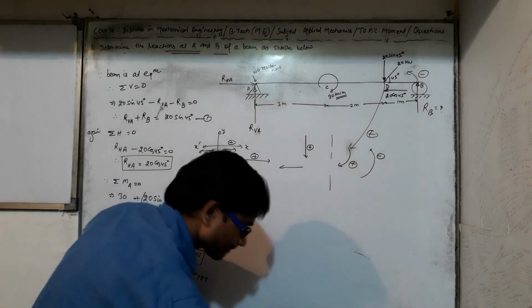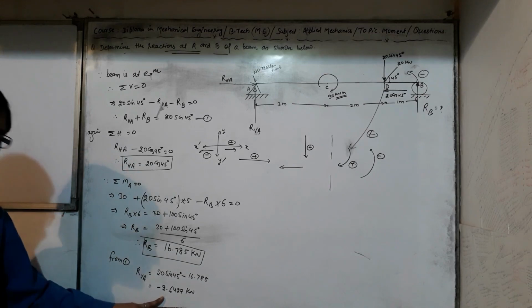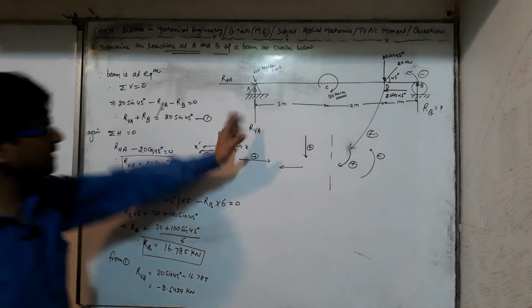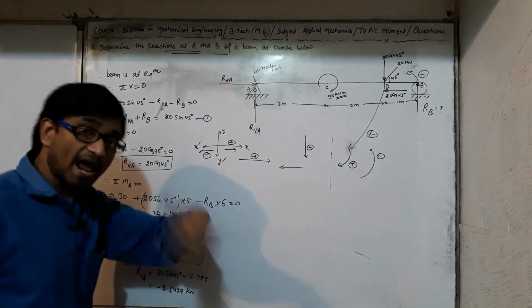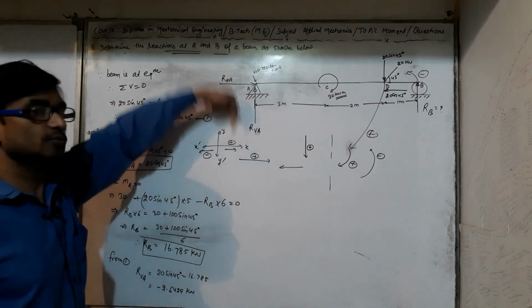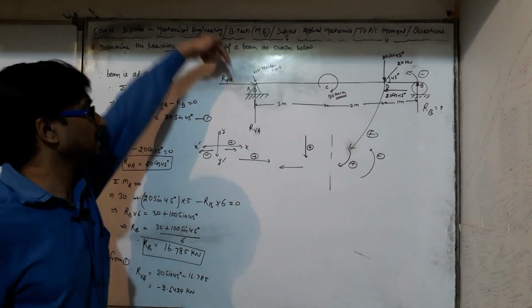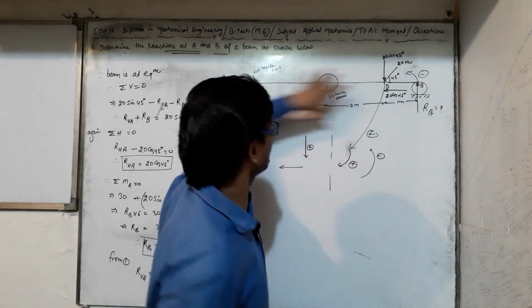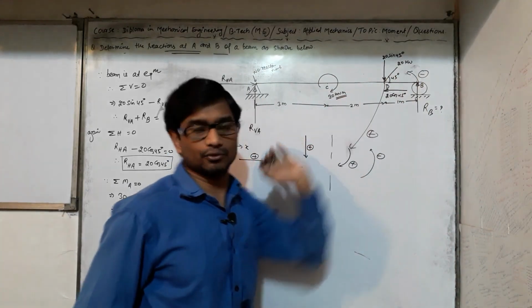This minus, we have got a negative sign. The negative sign indicates that we considered it in the upward direction, so actually it would be in the downward direction. This force will act in the downward direction so that the beam could go into equilibrium.